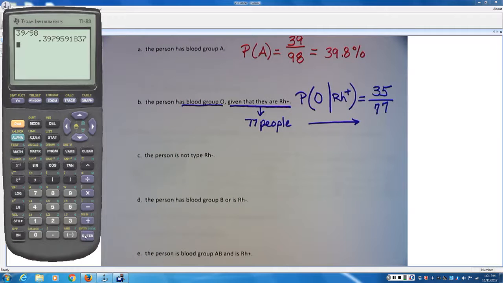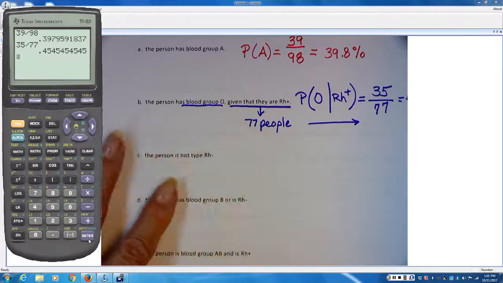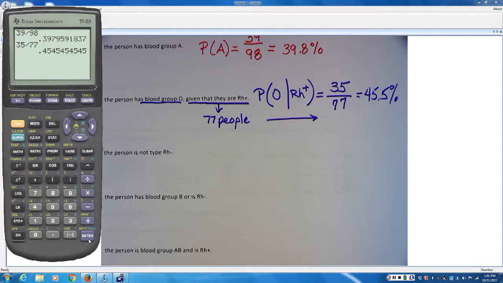And then again, we'll convert that into a percentage. So that's 45.5%. So if we're only going to talk about people that have the Rh factor in their blood, then about 45.5% of all people that are Rh positive will have type O blood.